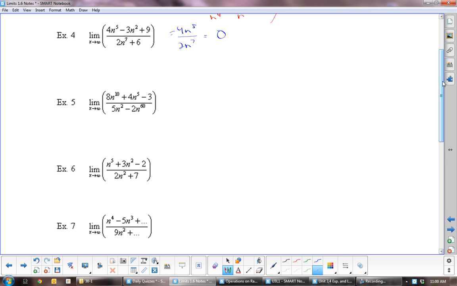And you can even check: if you had 4n to the 5 over n to the 7, over 2n to the 7 over n to the 7, this is going to give you 0 over 2, basically, which would equal 0.